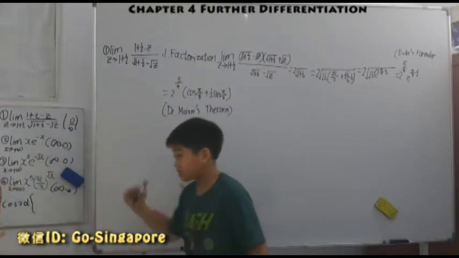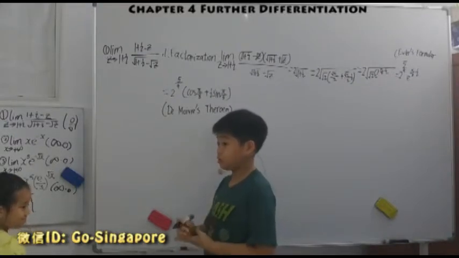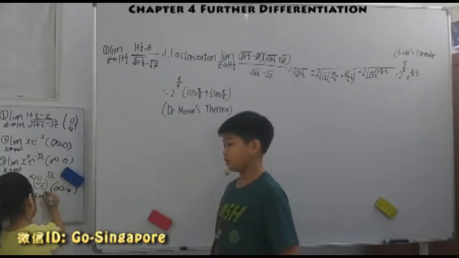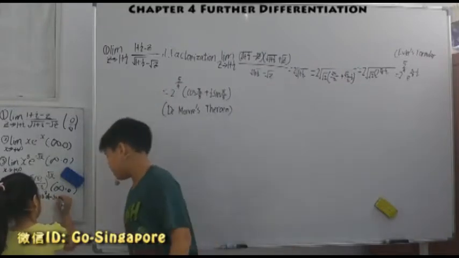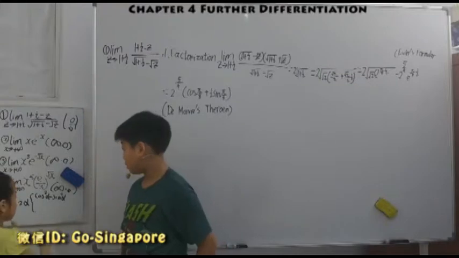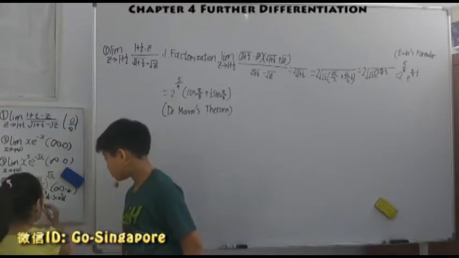Is it cosine squared alpha minus sine squared alpha? Another case is when we change the cosine squared.